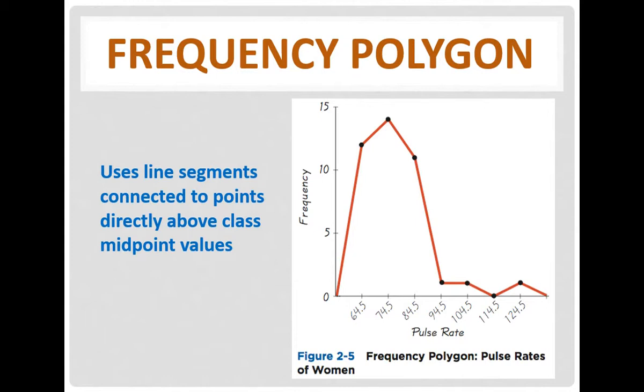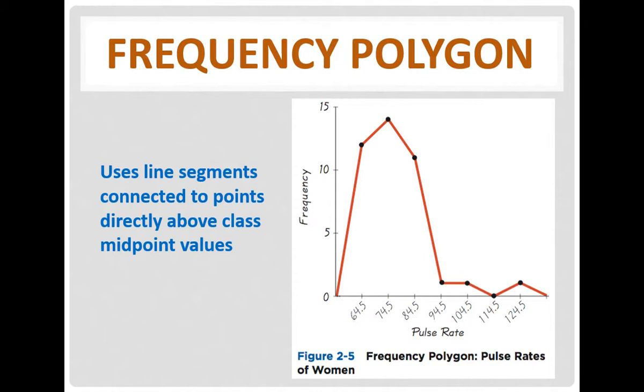Similar to the histogram, we have the midpoints on the horizontal, frequency on the vertical, but now, instead of doing bars, I'm going to have a dot to represent my actual data points with the connected dots. Okay? That's your frequency polygon. I won't ask you to draw this one, we've kind of talked about it, but I'll let you know which ones I need to know specific information about.